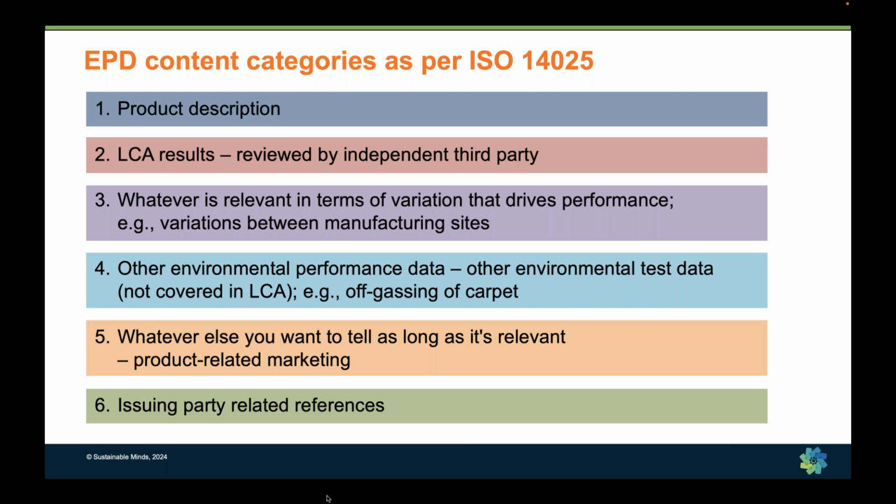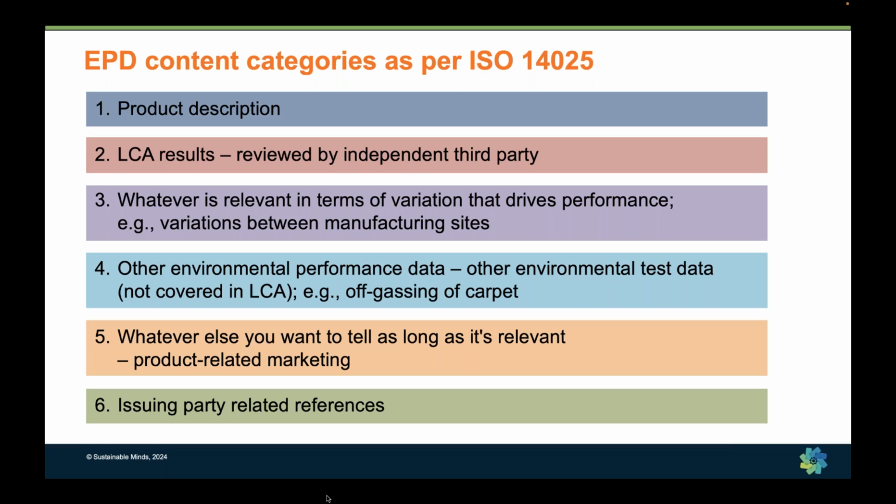So for a document to be an environmental product declaration, or technically ISO 14025 calls them type 3 environmental declarations. That is the actual technical term. EPD is a colloquialism, but we'll stick with EPD for now. So in 14025, there's a section that describes the content that goes into an EPD.